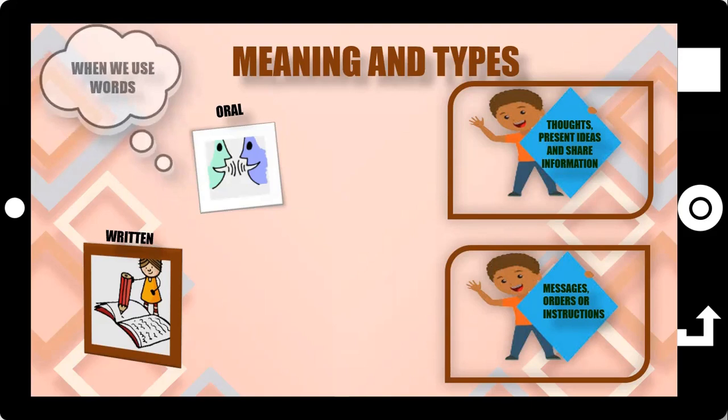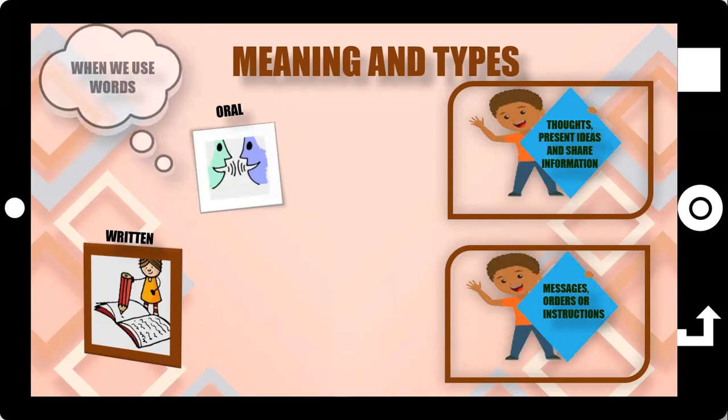So the sender normally tries to have a better understanding of the audience before he starts preparing for the information that he has to convey, and this helps him to decide which will be a better method or medium of communication. Now there is another medium which is called non-verbal, but this we'll be discussing in the next video.